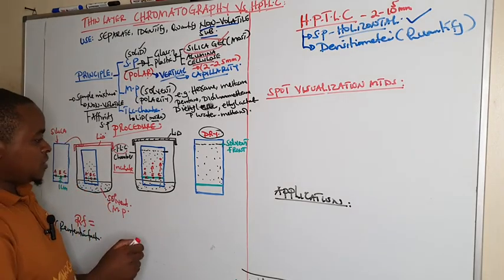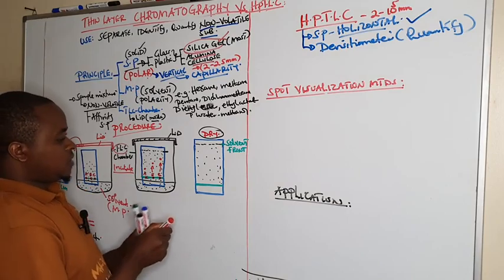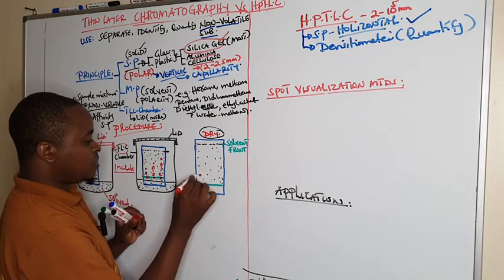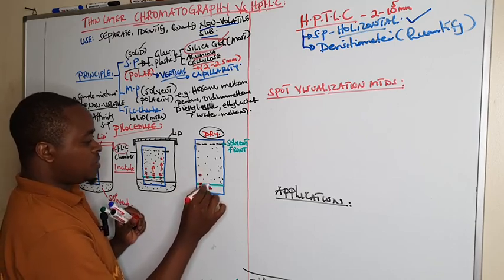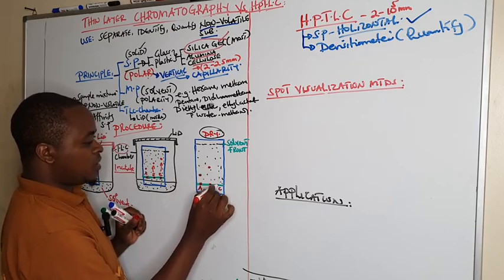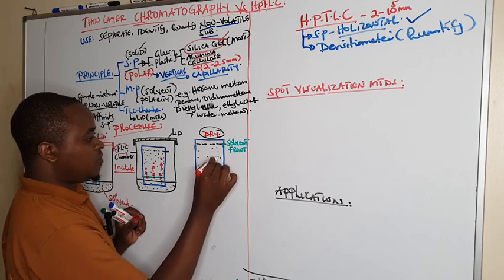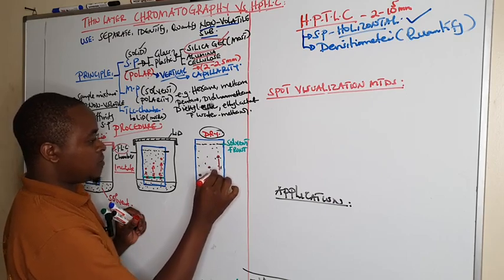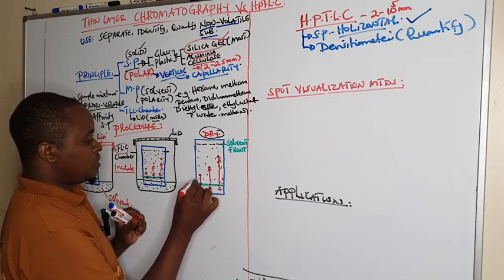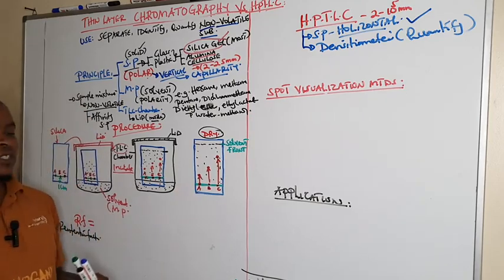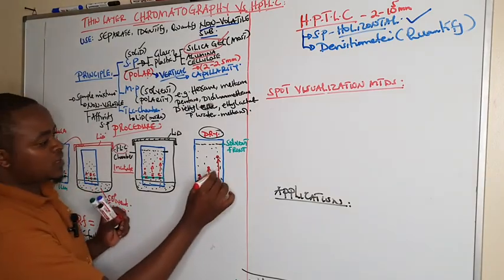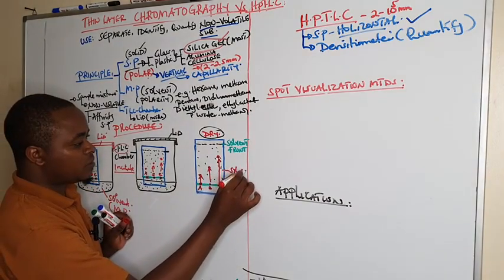So according to our separation, spot A, which was here, has been able to move up to this point. Spot B was able to move up to this point. Then spot C has moved up to this point. This is the way they have managed to migrate depending on their affinities with the stationary phase, which is silica gel.